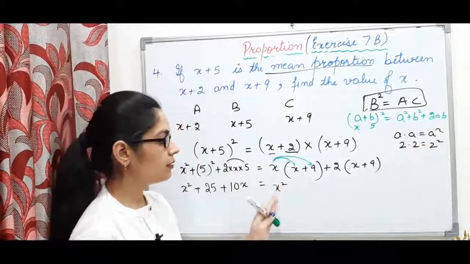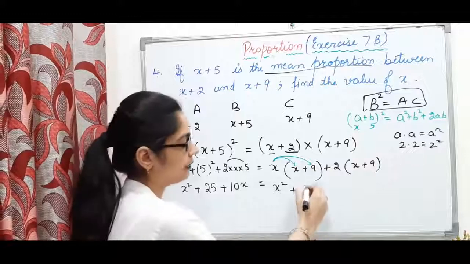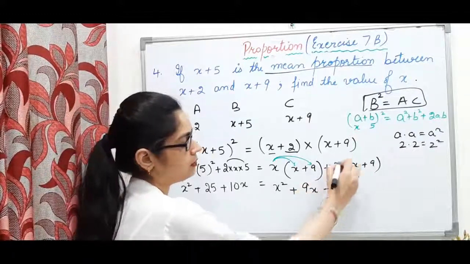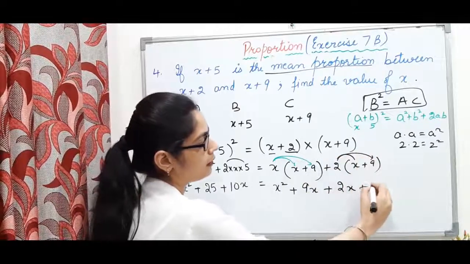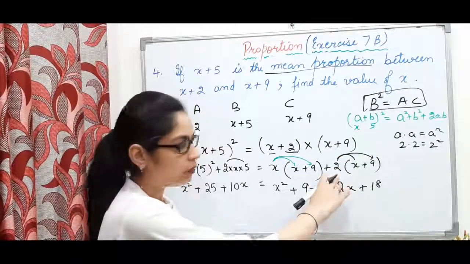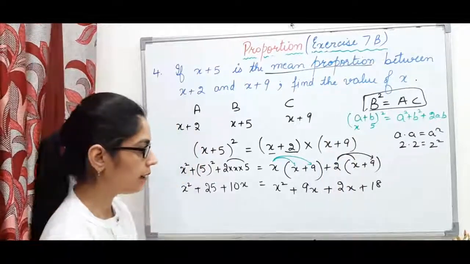So, x into x square plus 9 into x, 9x plus 2 into x, 2x, 2 into 9, 18, because this 2 is written outside. So, it has to be multiplied by both the numbers inside the bracket.